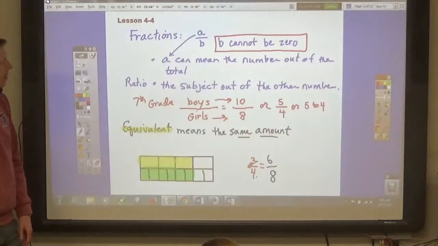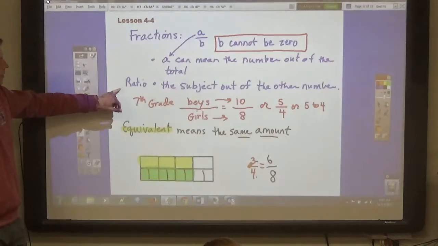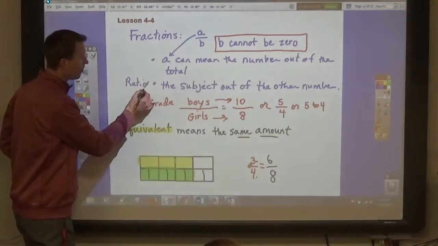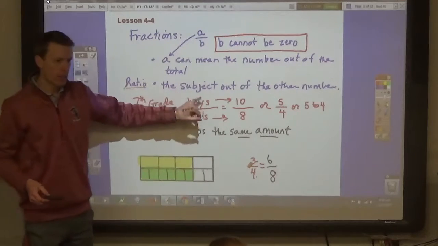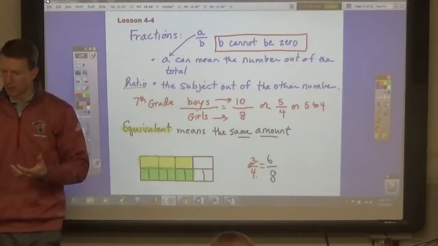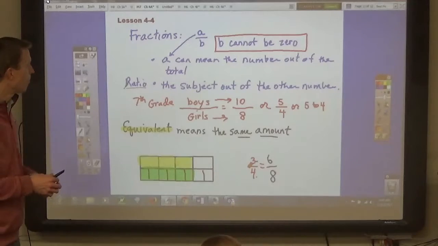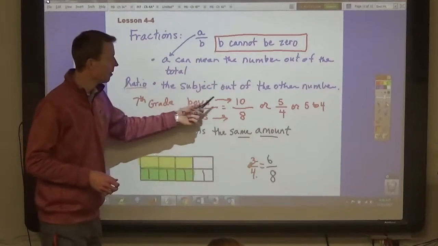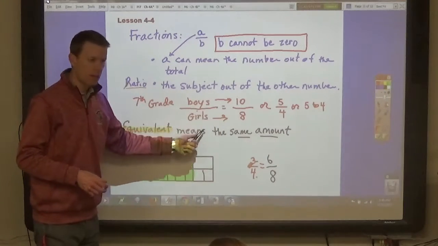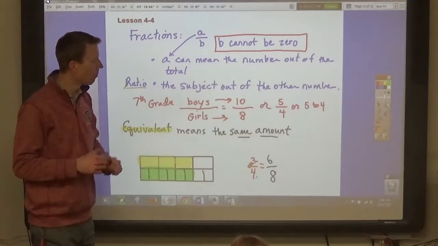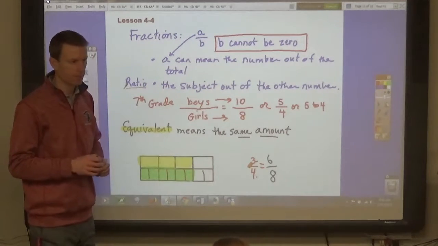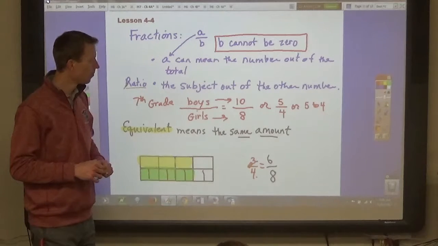Okay. Now there's different kinds of fractions. One is called a ratio, where the two numbers are about different things. So for example, the number of boys in class versus the number of girls in class. That can be written as a ratio, comparing those two numbers. Okay?